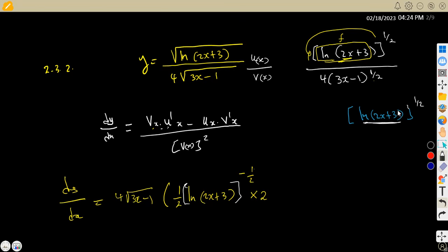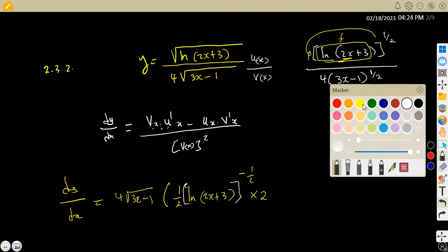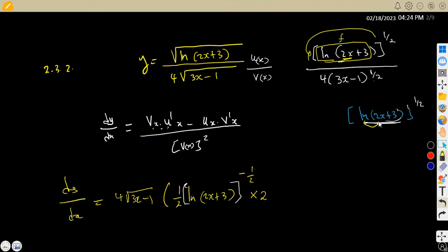Then you find the derivative of another function, which is inside here, which is 2x plus 3. So there are two functions that we have, all right? So here we find the derivative of this one inside, which is the 2x plus 3. What about the one that is out, which is the ln 2x plus 3?